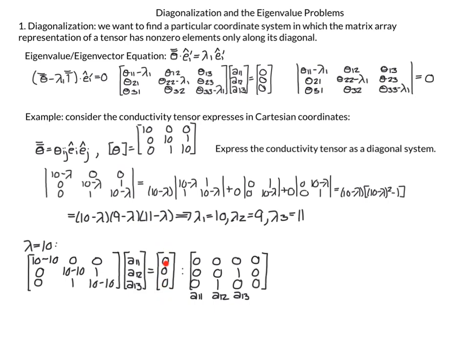This vector here on the right gets moved over here. And we row reduce it, but actually this is already row reduced enough for us to solve. Remember, we're solving for this vector now because we've already solved for our eigenvalue. We're looking for the eigenvector associated with this eigenvalue.